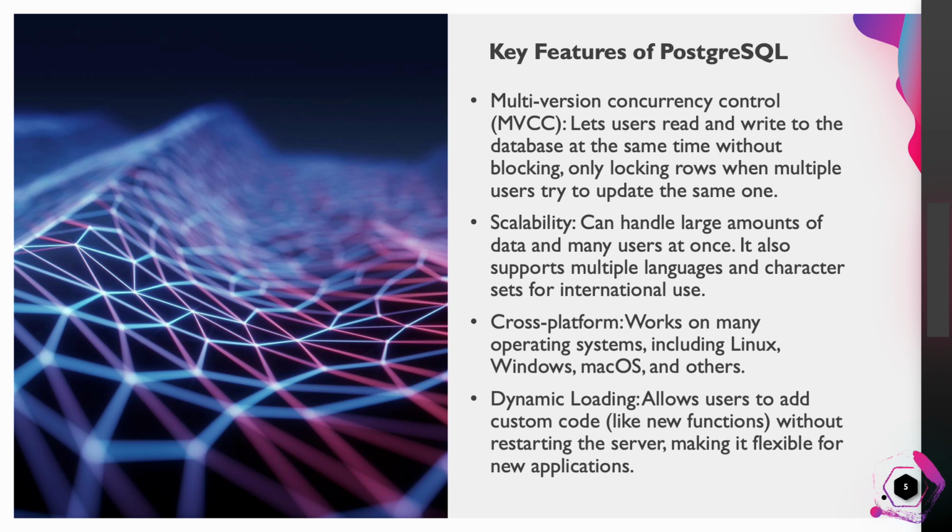Scalability: it can handle large amounts of data and many users at once. It also supports multiple languages and character sets for international use. Cross platform: it works on many operating systems, including Linux, Windows, macOS, and others.